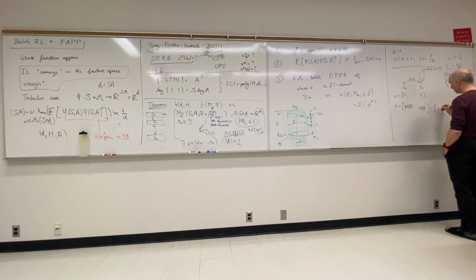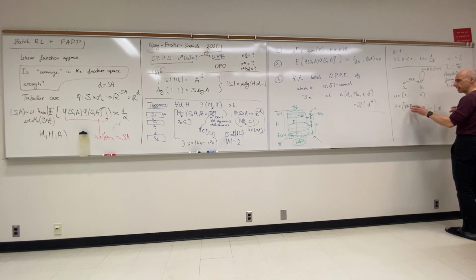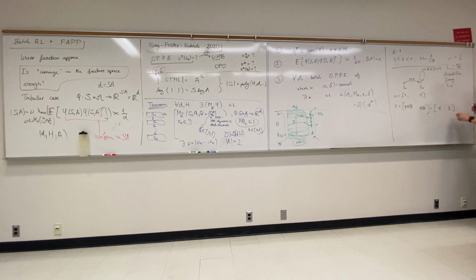And the feature vector, if we want it to be normed by 1, then we have to make the parameter vector h theta. So then the feature vector is just going to be gamma and 1, and that is being multiplied by h theta.